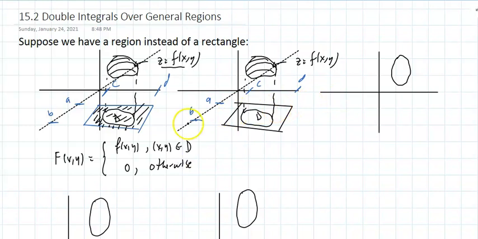What that does, that really takes out the rectangle and keeps us with D.